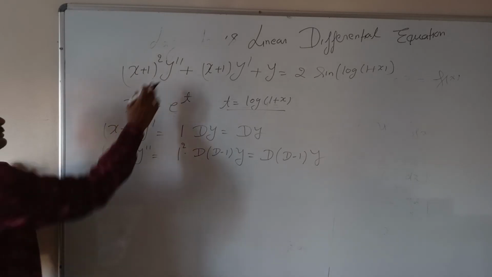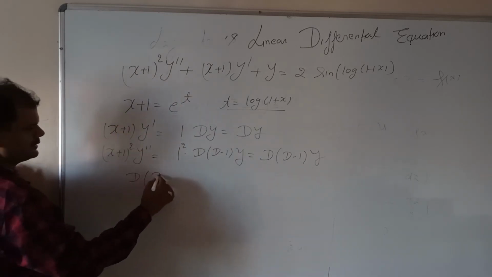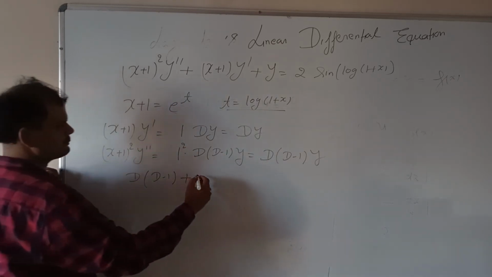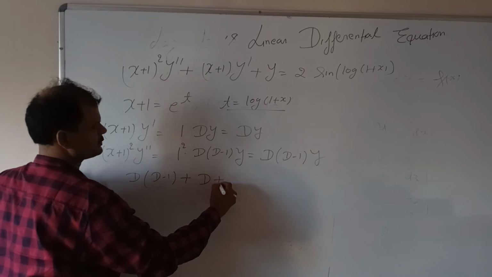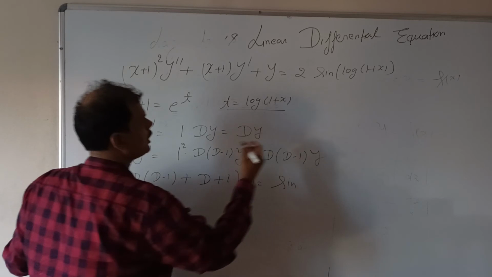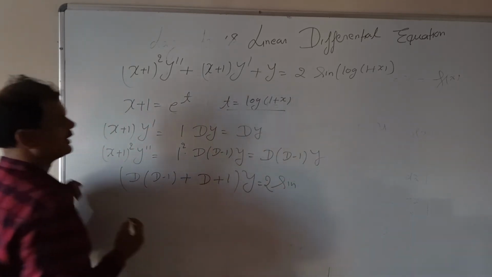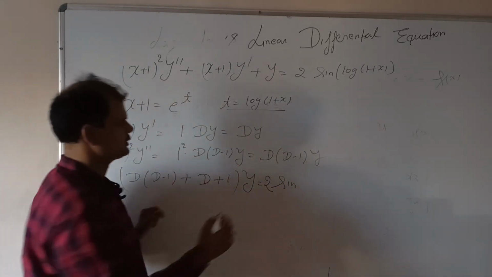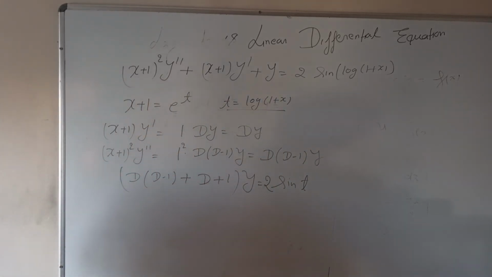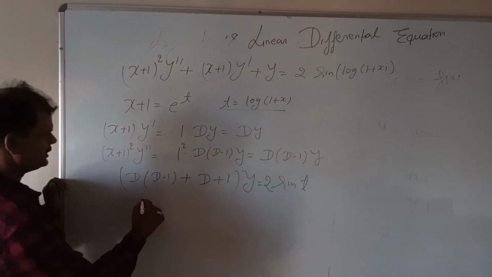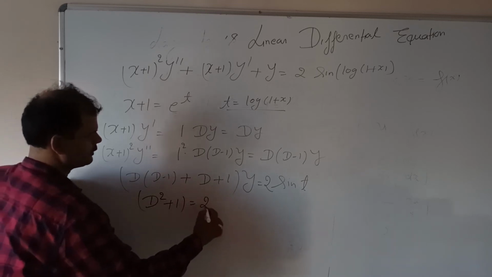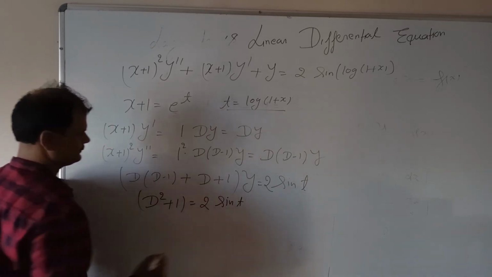So (x plus 1) whole square y double dash means D(D minus 1), plus (x plus 1) y dash means D, plus 1, y equal to 2 sin log(1 plus x). So log(1 plus x) equal to t, so 2 sin t. Fine. So we can have (D² plus 1) y equal to 2 sin t.